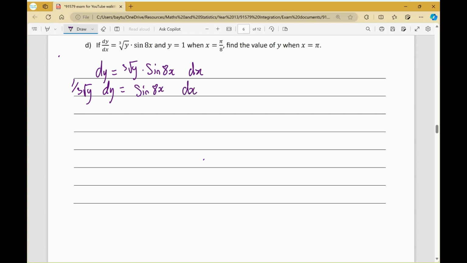Okay, still quite messy, but that looks a lot better. We've got x's on the right and y's on the left. So before I can integrate the left-hand side, need to just rewrite that as a negative power. So that's the 1 over the cubed root of y. So that would be y to the power of negative 1/3. And that will then allow us to integrate that.